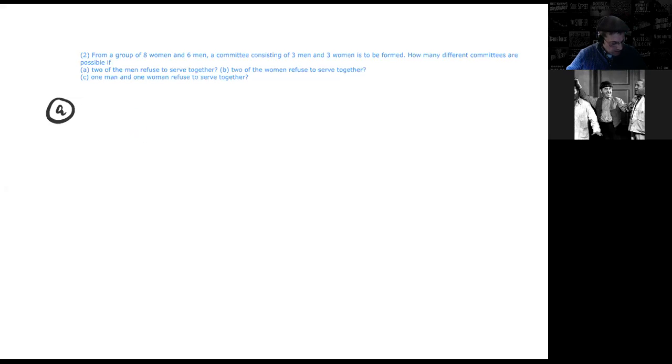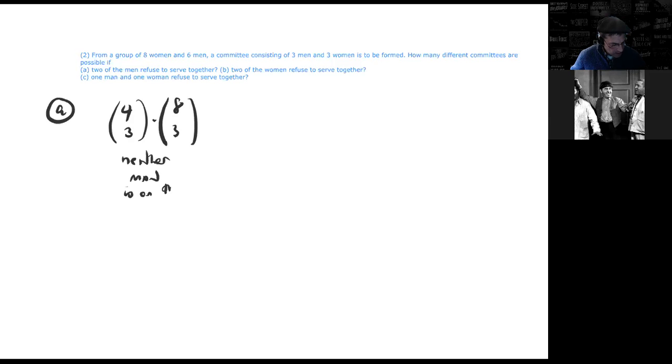So we're choosing 3 out of the 4 remaining men. So it's 4 choose 3 of the men, and now we have to choose the women. There's no restriction on the women in part A, so it should be 8 choose 3 possibilities for the women. So that's if neither man is on the committee.